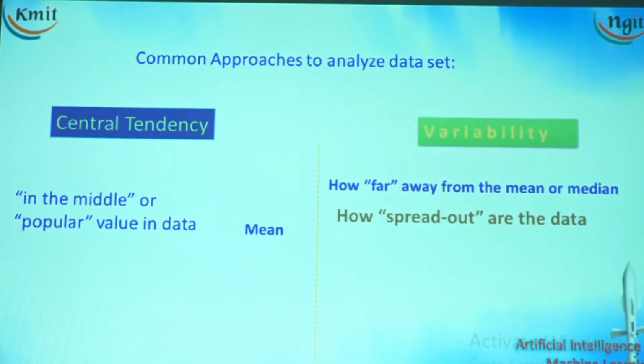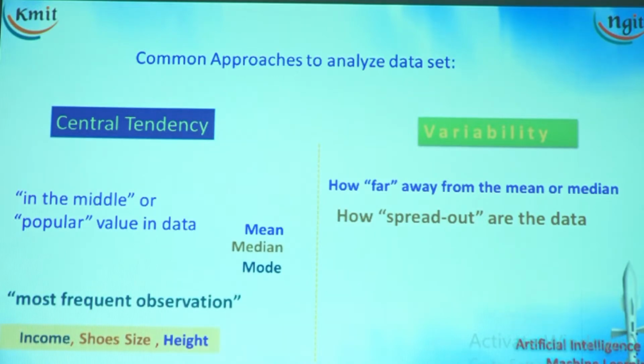One is to go towards the central tendency of your data set. Another is variability. So you understand where it will affect. If I go for central tendency, then it is the most popular value in the data, in the middle of the data. So what things will come over here when I talk about central tendency, guys?